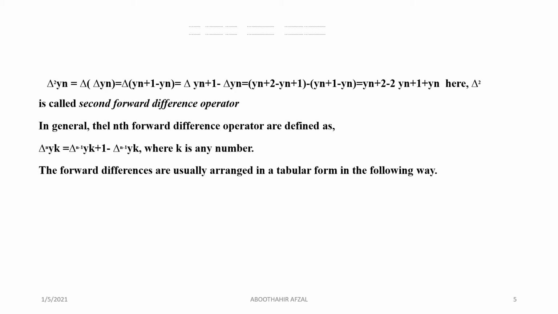So here I want to find delta n yk. Delta n yk will be delta n minus 1 yk plus 1 minus delta n minus 1 yk. So you are finding the difference of the n minus 1th difference. That means the difference of the n minus 1th difference is the nth difference. So the nth difference operator is nothing but the difference of the n minus 1th difference operator. That is the general form of the nth forward difference operator.